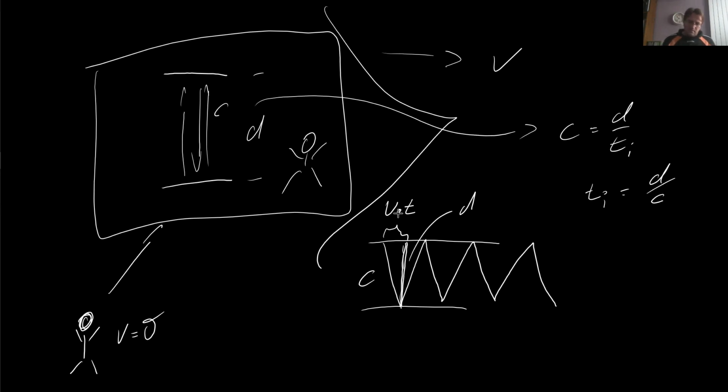Now we have here t observer at rest. And obviously the light now travels a longer way, which, according to Pythagoras, is given as (v times t observer) squared plus d squared, so from the outside.